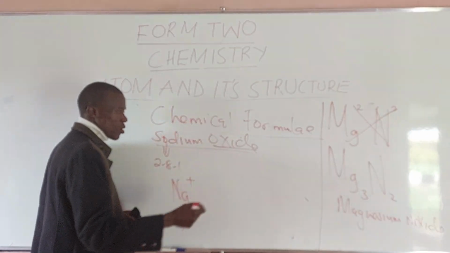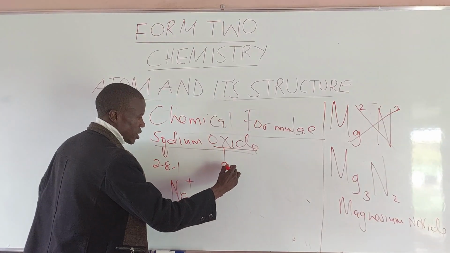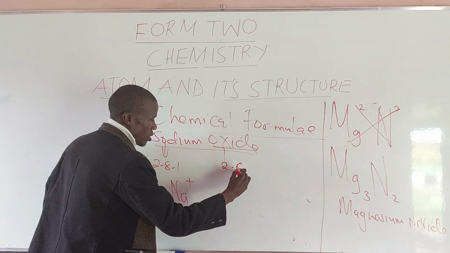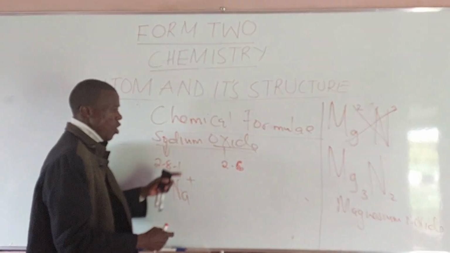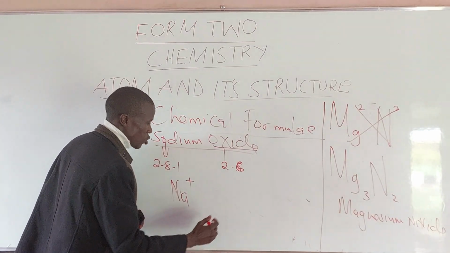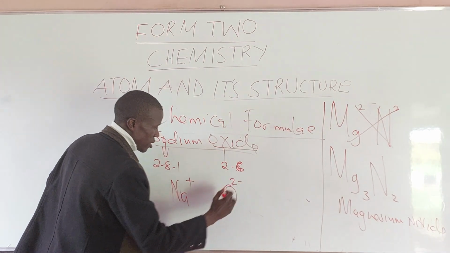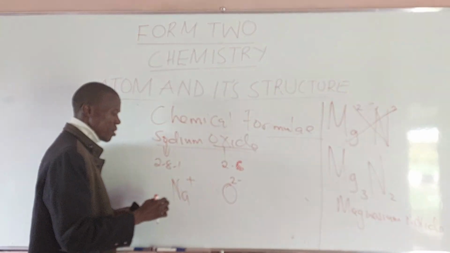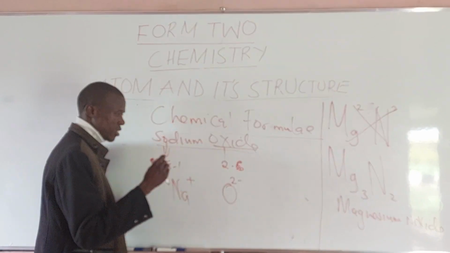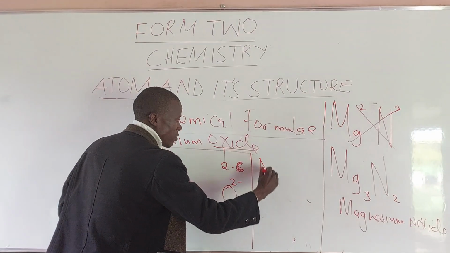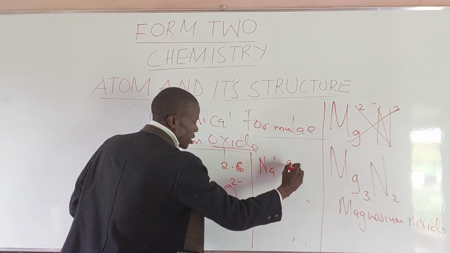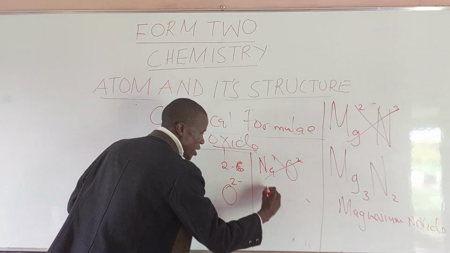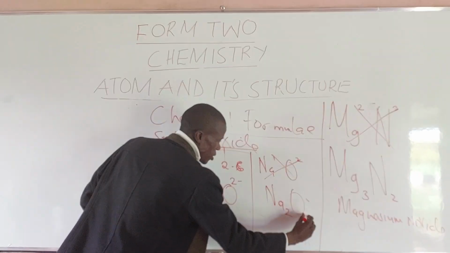Oxide is the ion of oxygen. Oxygen is number 8, with a configuration of 2:6, and therefore oxygen forms ion by getting 2 electrons to become an oxide. For us to get the compound, we omit the charges and get the valencies, and therefore we're going to have sodium and oxygen 2. Then we exchange, we get sodium oxide.